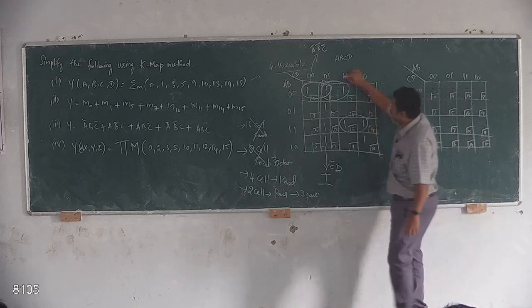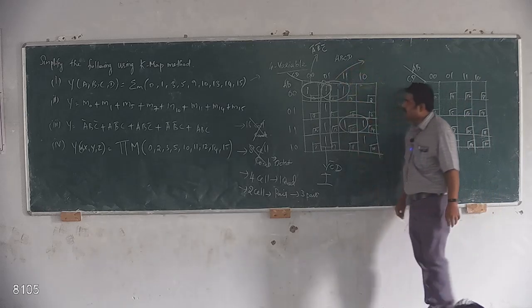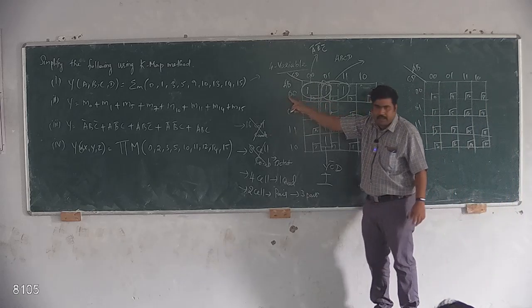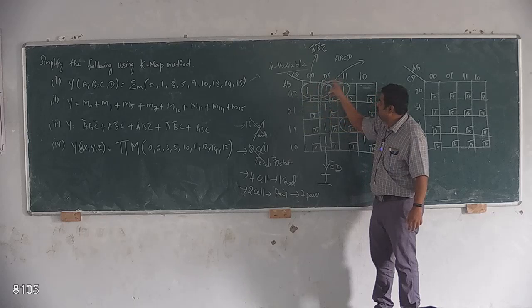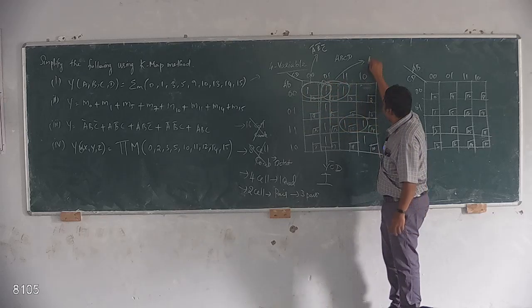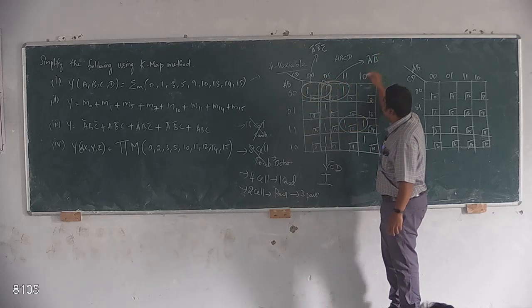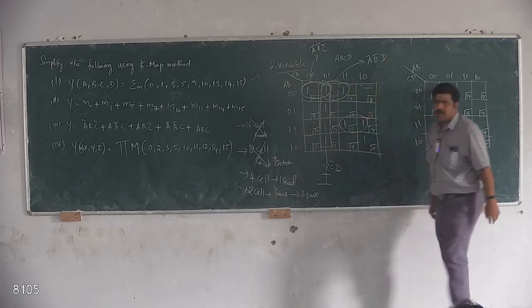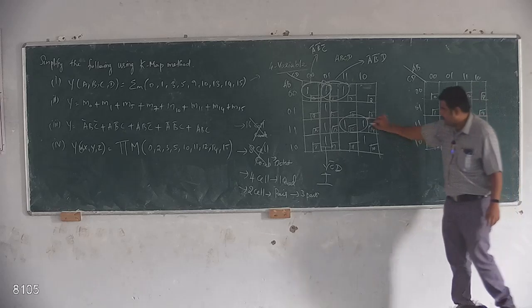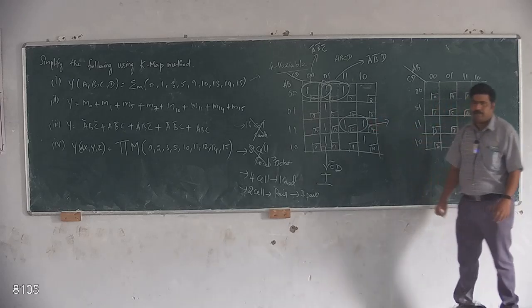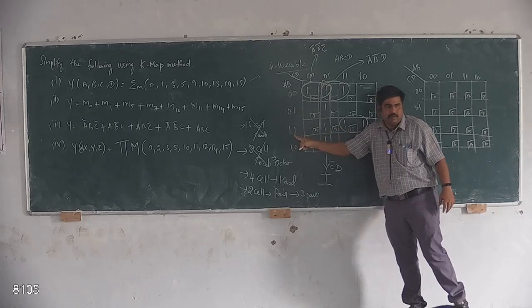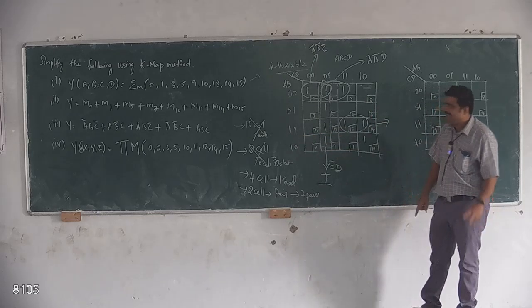Next I need to take this value. What is the value? Here also the common variables are A bar, B bar, so the value is A bar, B bar, D. Okay, next, in this, what is the value? Take the common variable. 1, 1 is common. 1, 1 is nothing but AB.